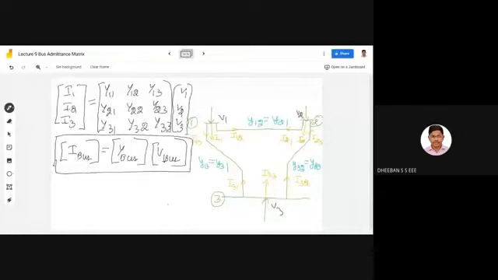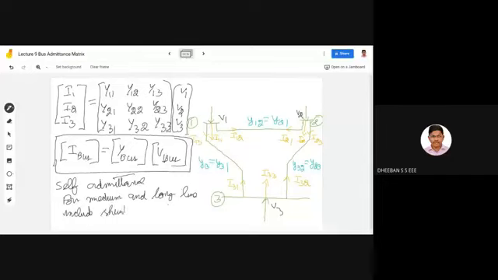There's one more thing with respect to self admittance. Just note this point: for medium and long transmission lines, you have to include shunt admittance.